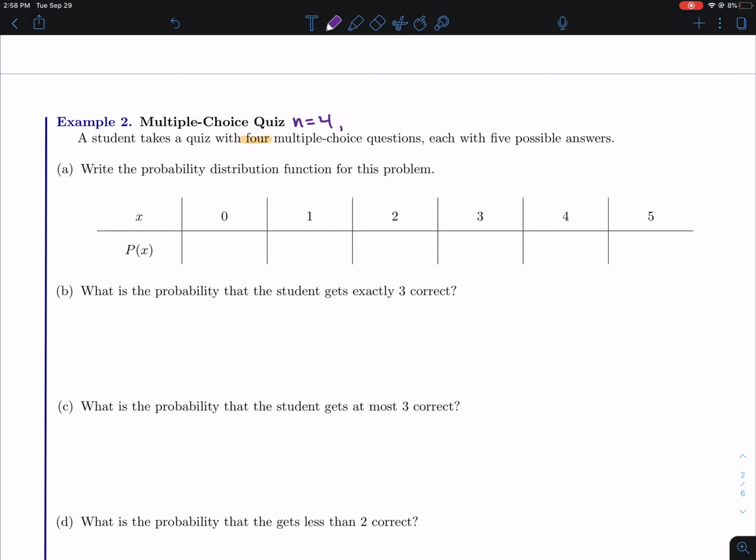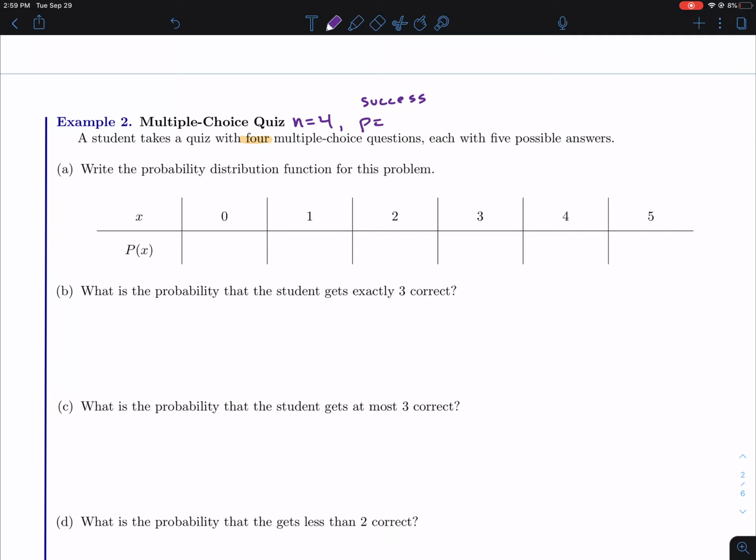So is there a probability of success? Success would be getting one of those 5 answers correct. Either you get the right answer or you get the wrong answer. Even though there are 5 choices, if A was the right answer, it doesn't matter whether I picked B, or you picked C, or someone else picked D or E. The fact is it's wrong. That's all that matters.